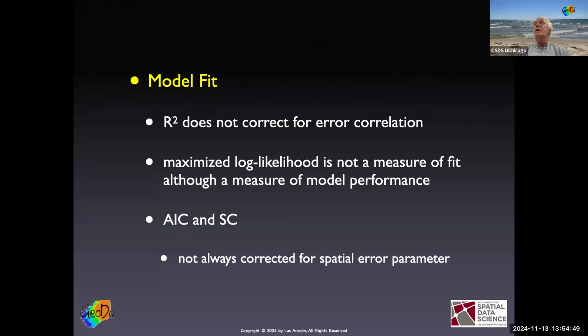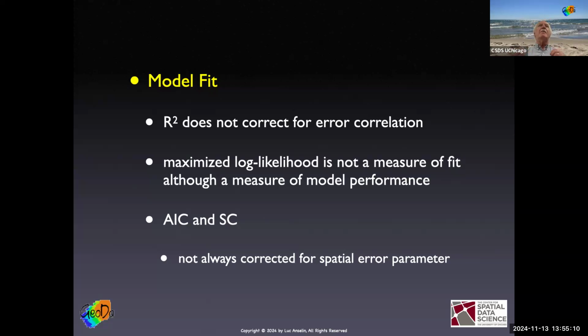The log likelihood is a probability. So the higher the joint probability, the better your model is. That's the rationale. And as we saw before, the AIC and SC, or BIC as it's sometimes called, they correct for differences in parameters.